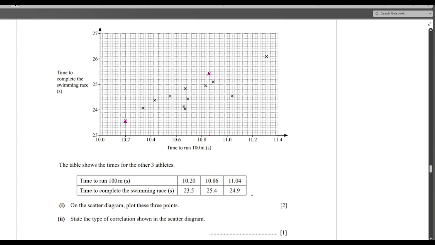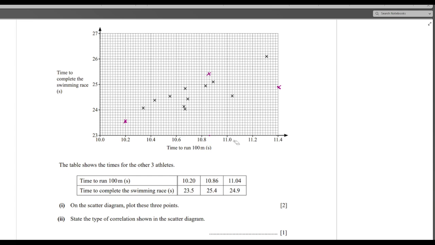Okay, and for 11.4 it is 24.9. So 1 below 25, that is 24.9. I will mark this point. 11.04, I'm sorry, 11.04.